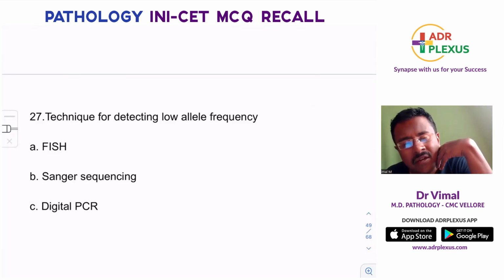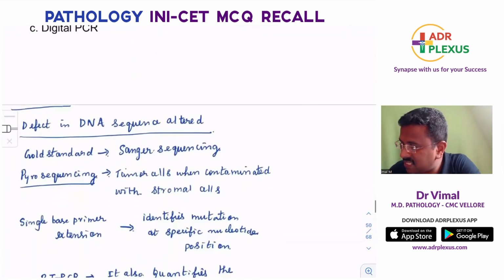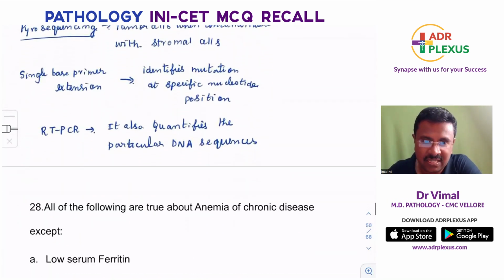Which technique will be more helpful in detecting this? So out of this, the best molecular investigation, genetic diagnostic investigation for detecting this low allele frequency is the Sanger sequencing. Sanger sequencing, and we have discussed the Sanger sequencing as a gold standard in diagnosis in our workbook.